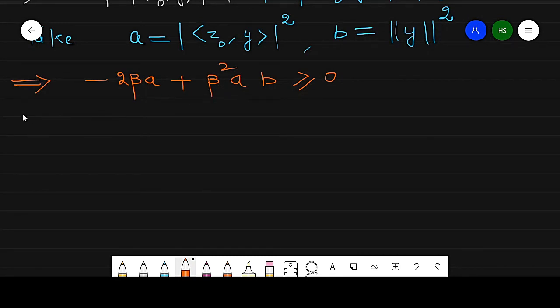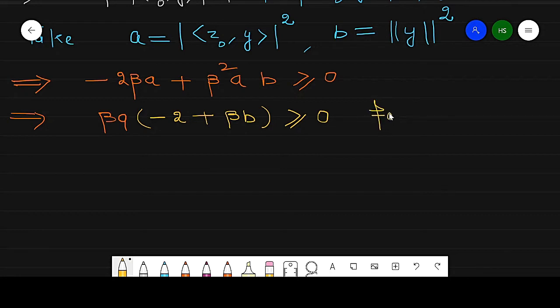So beta A is common, and this value is minus 2 plus beta into B, and this is greater than or equal to 0. This is true for all real numbers beta, and this condition is called 3.